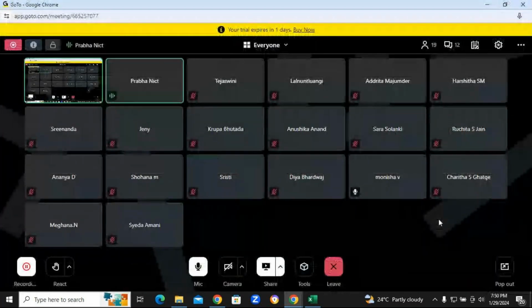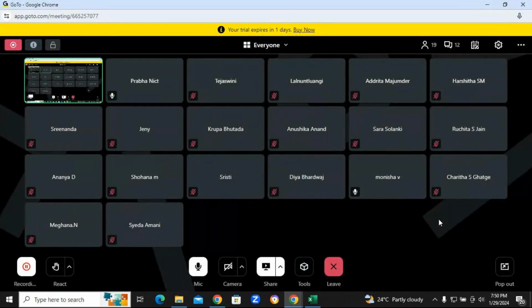Type in 2 if you people are able to solve the 5, 6, 7th one. Ananya and Charita. Okay. Adrita. What about others?